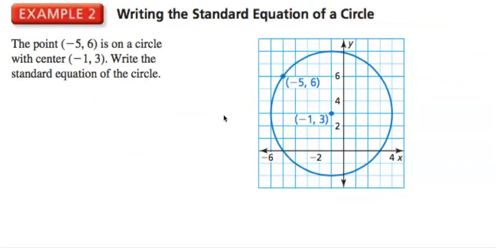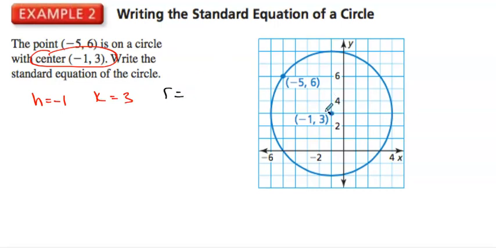All right. Let's take a look at another one. Writing the standard equation of a circle. Okay, so now we have a circle, and we have our radius. Cool. Our center is negative 1, 3, which is given to us. So h is equal to negative 1, k is equal to 3, and this one's nice and easy for us.